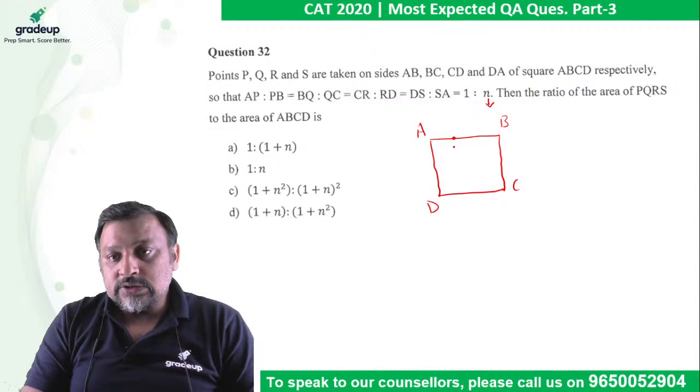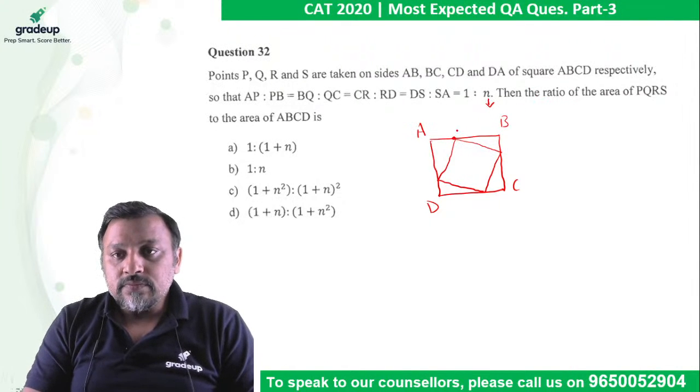If I say this is point P, this is point Q, and again if I join this, I'll get another square. So this is PQRS.